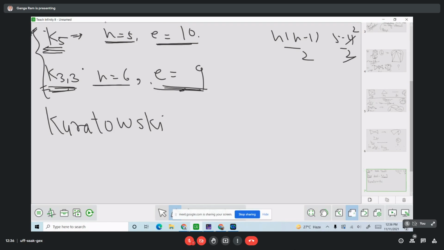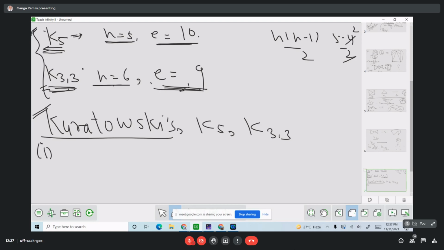It is also a complete bipartite graph with order 6, size 9, and both are non-planar. Is it clear? Okay, so these two graphs, K5 and K33, are called the Kuratowski graphs. The Kuratowski graphs have some properties. What are those properties?